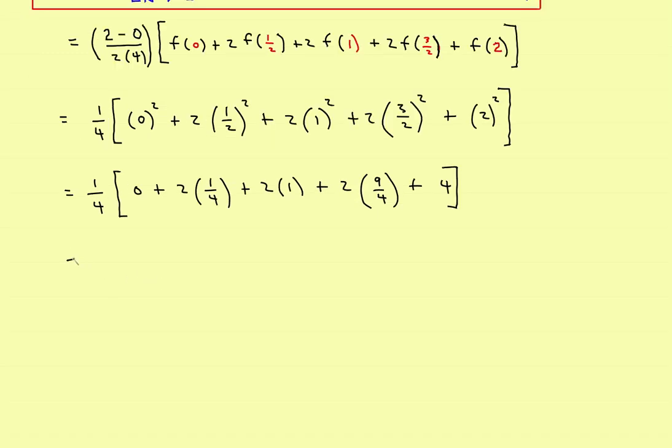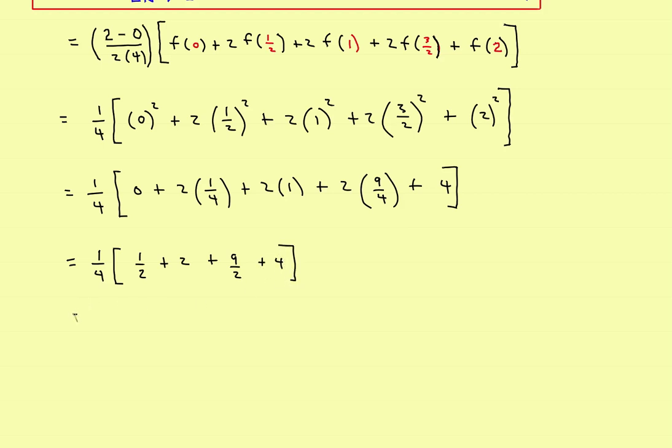So what this is going to be equal to would be 1/4 of, and you've got the 0. 2/4 is the same thing as 1/2 plus the 2 plus twice 9/4 would be 9/2, and then finally plus 4.